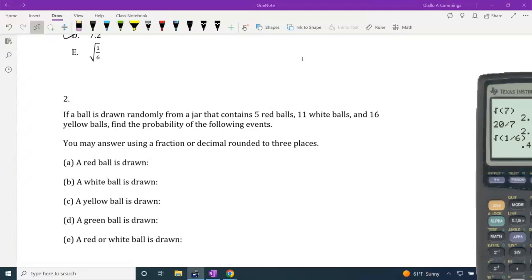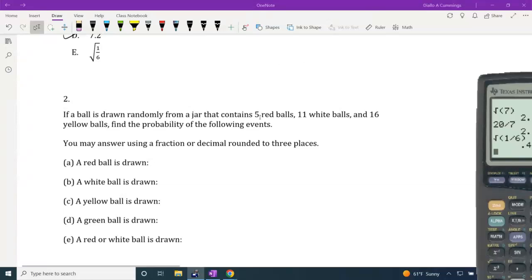A says find the probability that a red ball is drawn. For these setups, we're going to use the classical approach of probability, which is similar to a fraction concept where you have the part that you're interested in over the whole, or in this case, the total amount of balls that are in the jar.